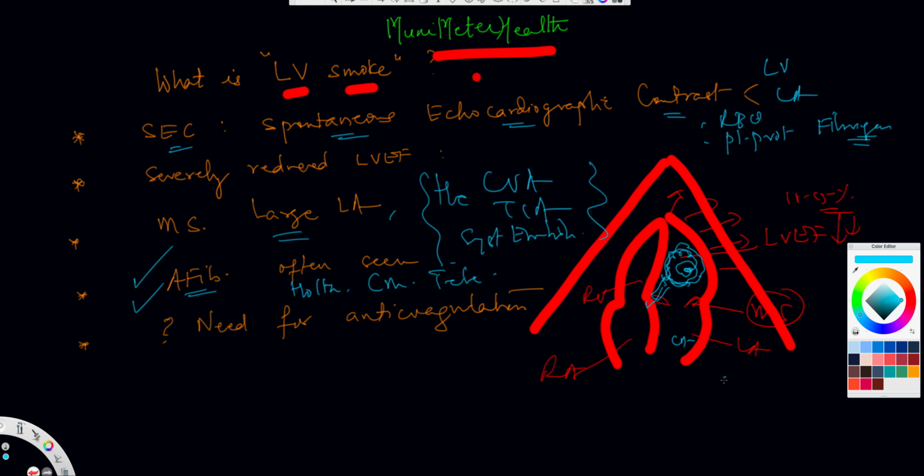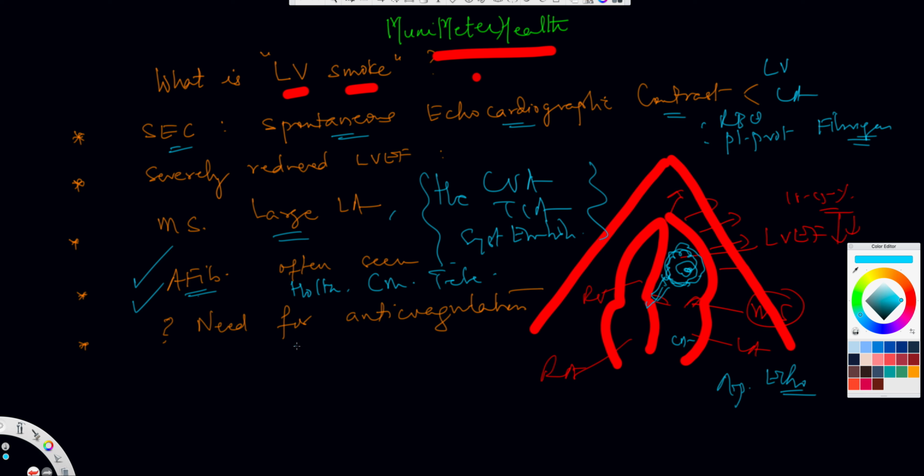So remember, this is an apical view in an echo examination, echo study, echo test, and the LV tends to show the spontaneous echocardiographic contrast, where there is a whirling of blood occurring, and the red blood cells as well as the plasma proteins reflect back and cause this SEC, or the spontaneous echocardiographic contrast seen on an echo.